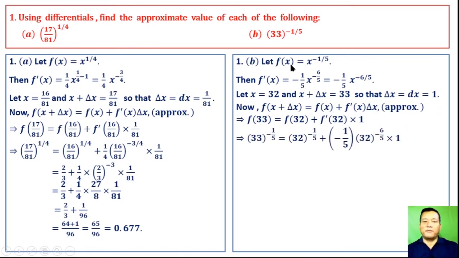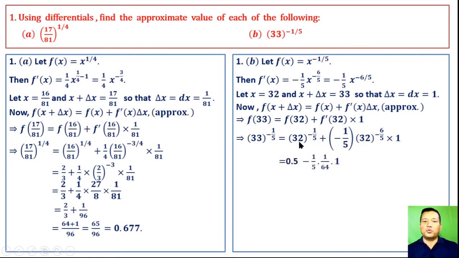This is by the given rule 33 to the power minus 1 by 5, which equals 32 to the power minus 1 by 5 plus minus 1 by 5 into 32 to the power minus 6 by 5 into 1.